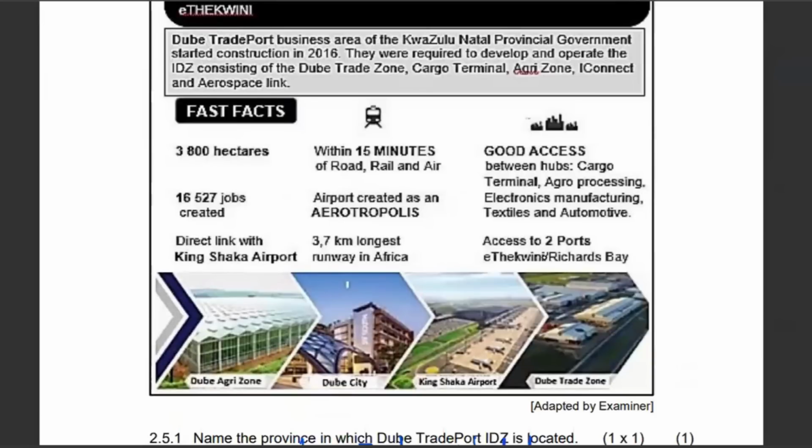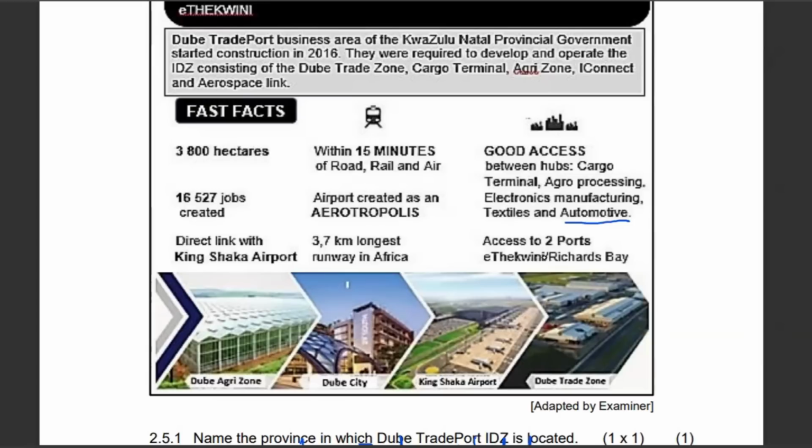Right, if we check, it is talking about the land and accessibility, the runway in Africa. It talks about access to two ports, eThekwini and Durban. Right, if we check here, we find the industries that are found in that zone.